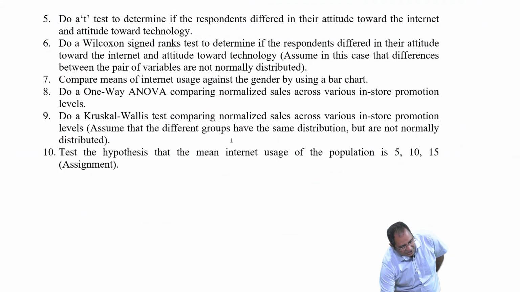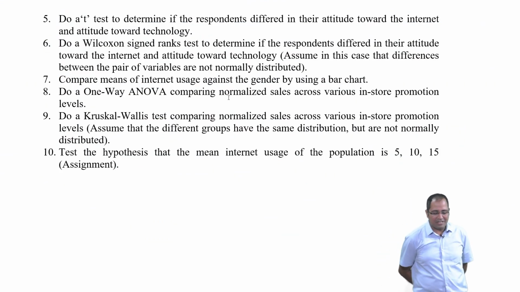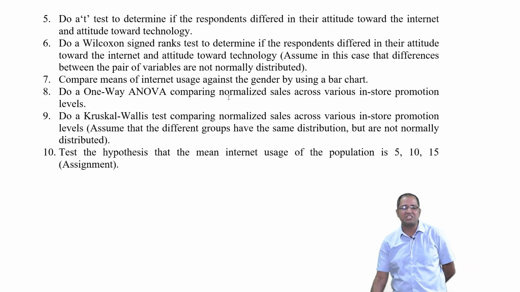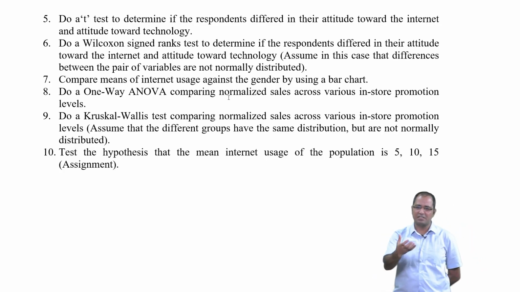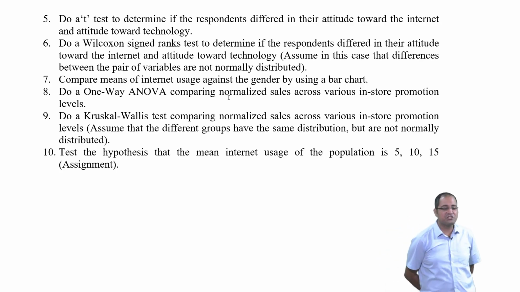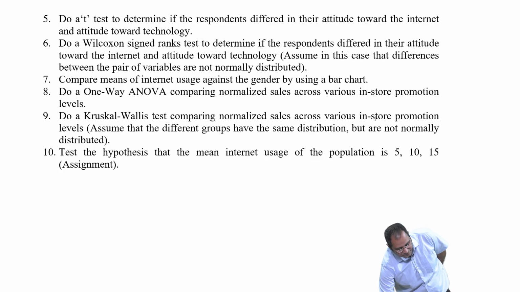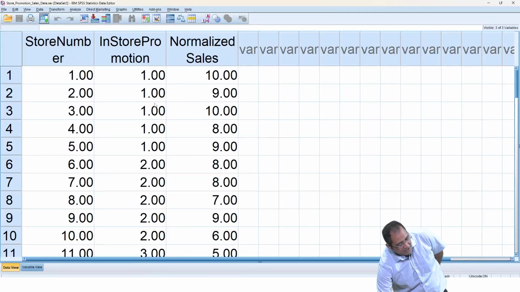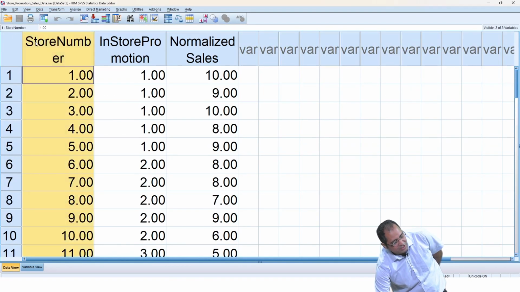So if you look at the exercise, do a one-way ANOVA comparing normalized sales. So let's say sales are given, which are converted to normalized, across various in-store promotion levels. If you look at the data, the store number is variable number 1.